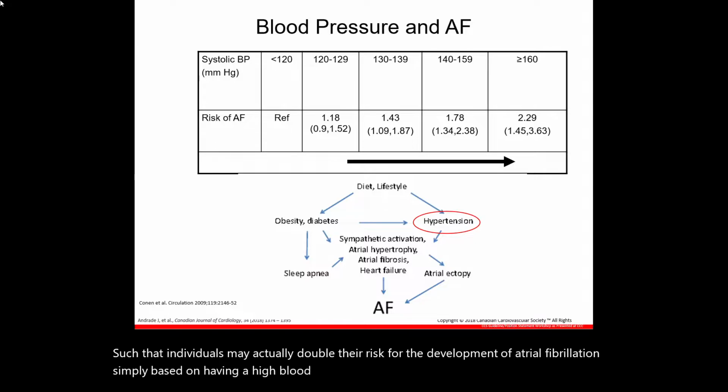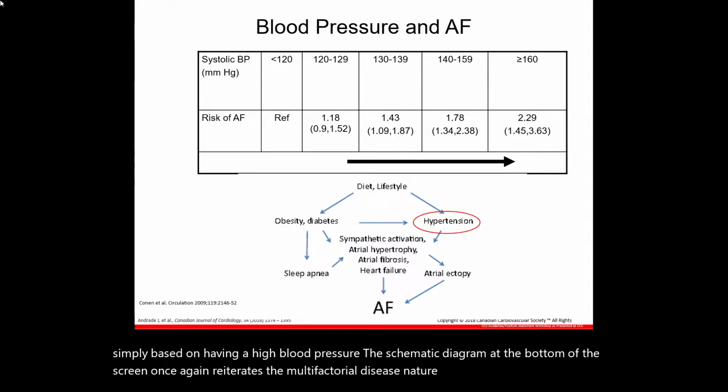The schematic diagram at the bottom of the screen once again reiterates the multifactorial disease nature of atrial fibrillation. Hypertension is just one factor.